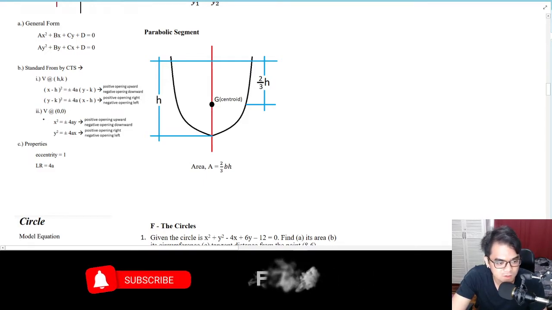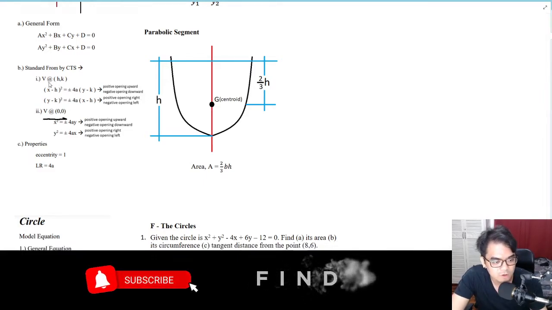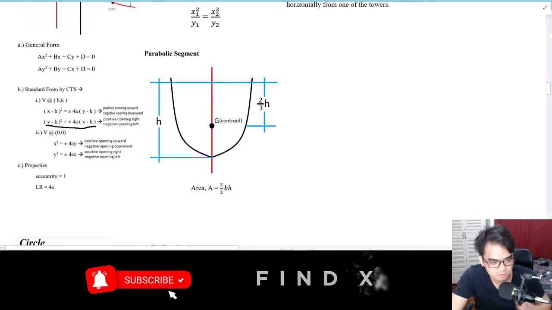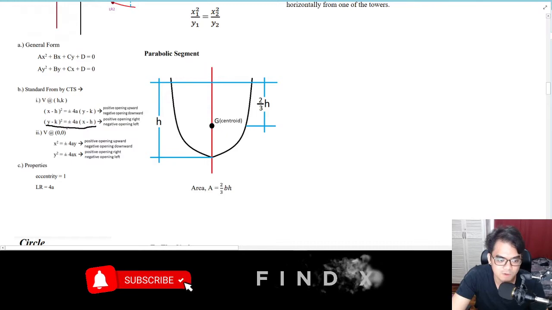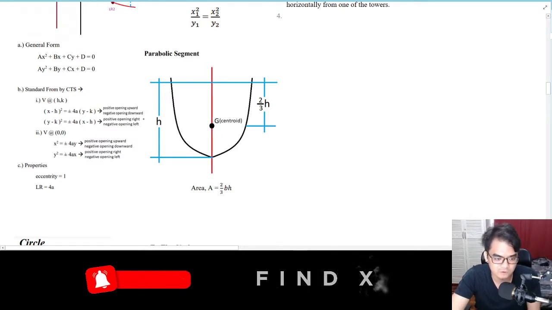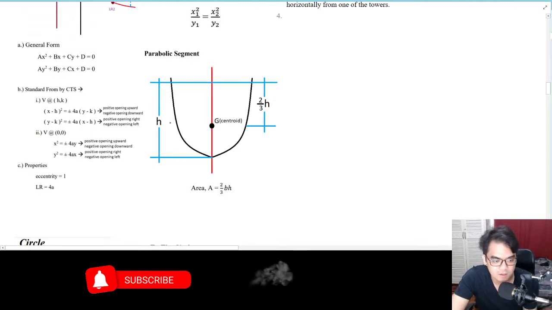The second one is y minus k squared equals positive or negative 4a times x minus h. If 4a is positive, the opening is to the right, and if it's negative, the opening is to the left.